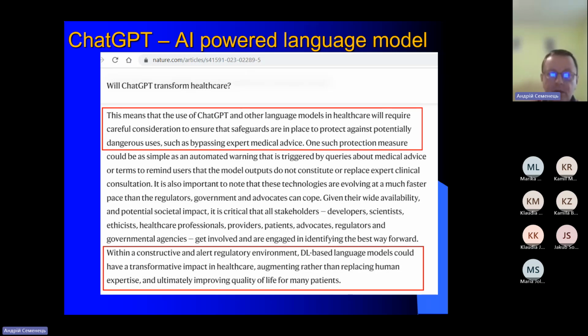Again, exactly because ChatGPT technology is not an expert system, but being employed and incorporated into an expert system, it could bring expert system technologies to an absolutely new level, in my opinion, with the ability to provide very advanced dialogue.